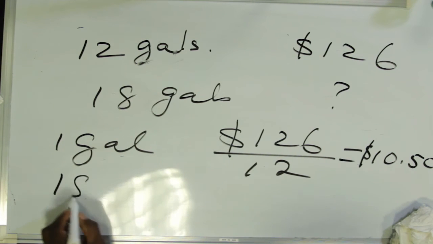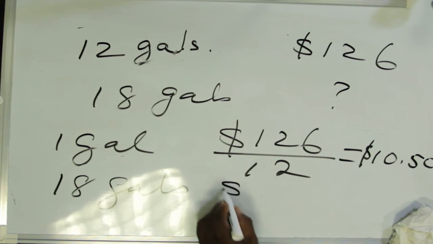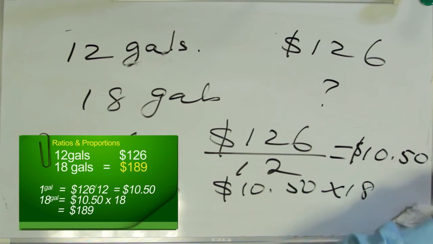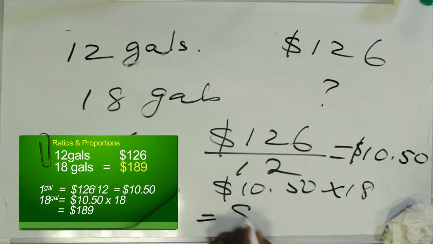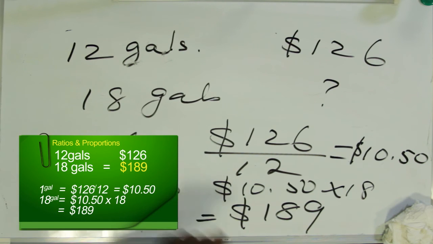So 18 gallons would cost $10.50 times 18, which is $189. That's a simple direct proportion. I found the cost of one.